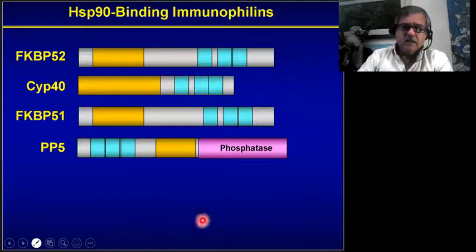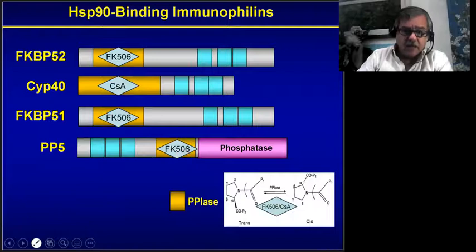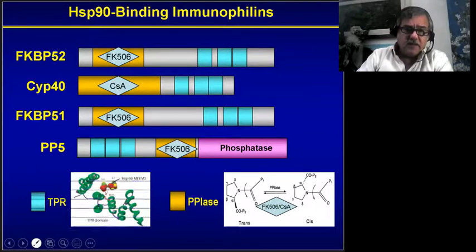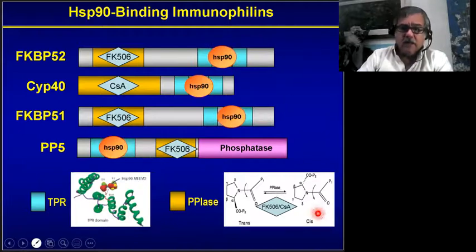These are the best studied HSP90 binding immunophilins. They have the PPIase domain shown in yellow where the drug binds, and in blue the TPR domain through which HSP90 binds and through which they interact with client proteins such as GR.